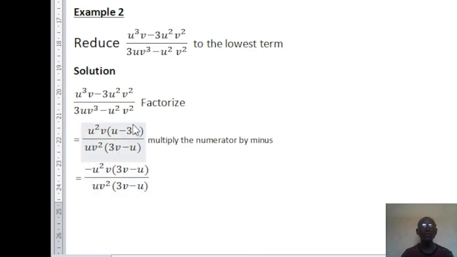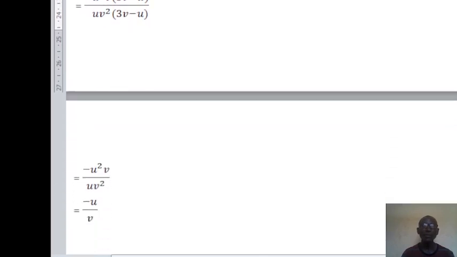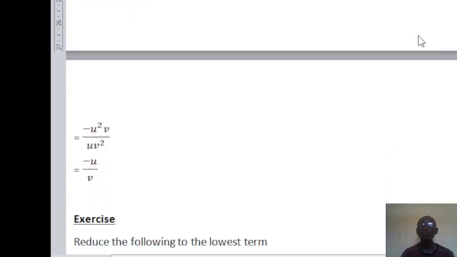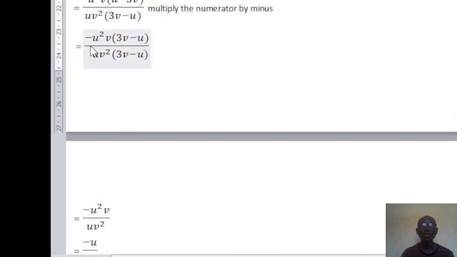You see it? This place is a little bit confusing, but if you go through it properly, you will understand it. Then you multiply the numerator by a minus. After the factorization, you see you have u minus 3v, then you have 3v minus u.